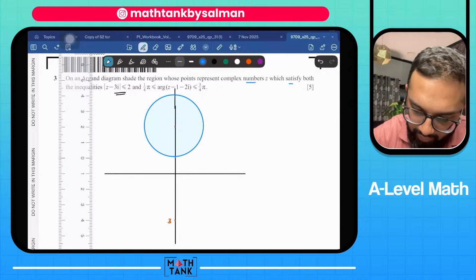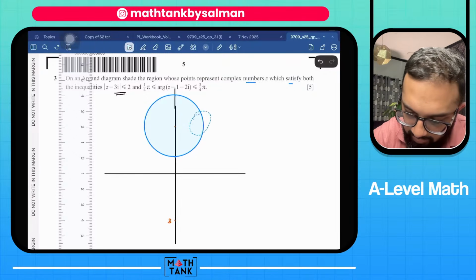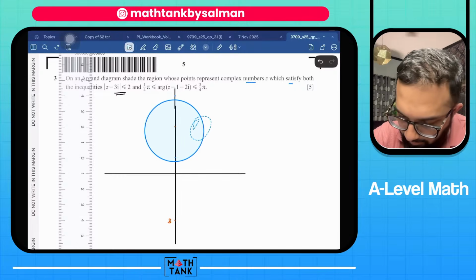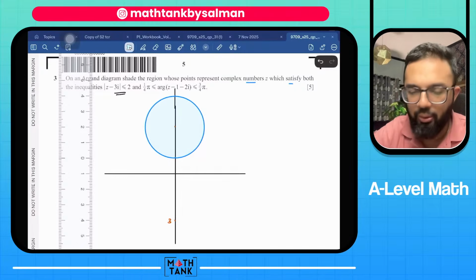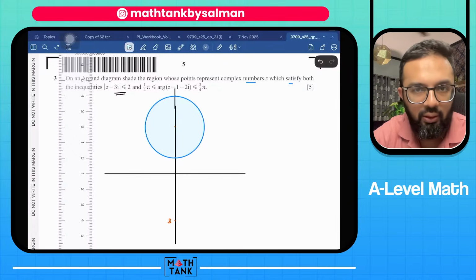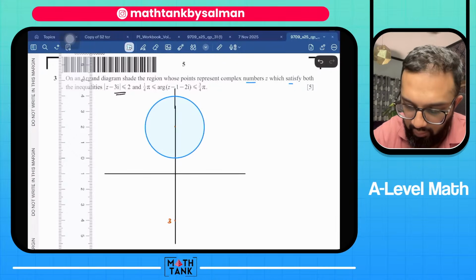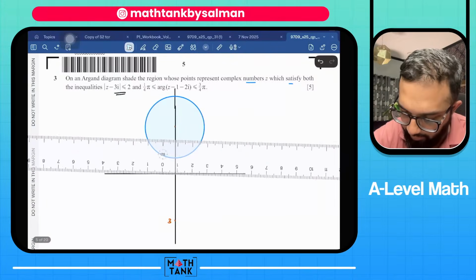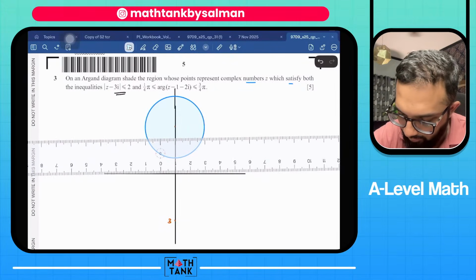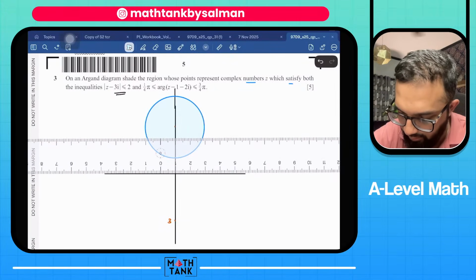Okay, yeah, I need shading inside the circle, so that's also happened automatically. I didn't have to do it, but that's what I'm going to do. Okay, approximately that. I can't be exactly sure of the circle. And then I have 1 plus 2i. So 1 plus 2i, so 1 should be here. Okay, that's 1.